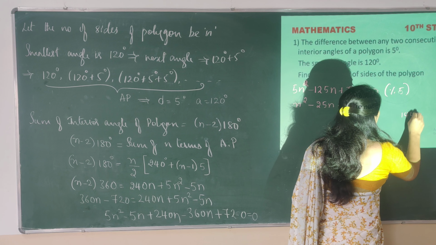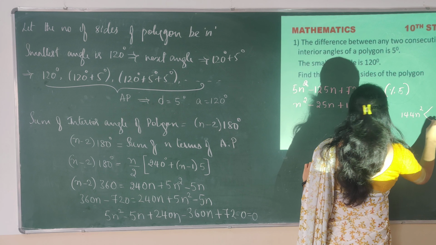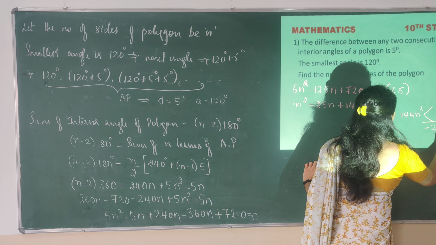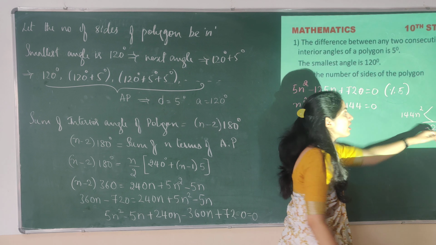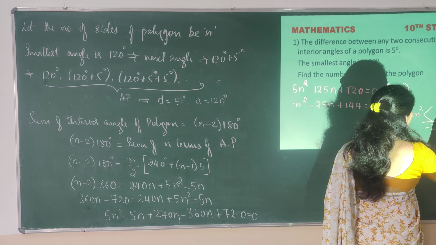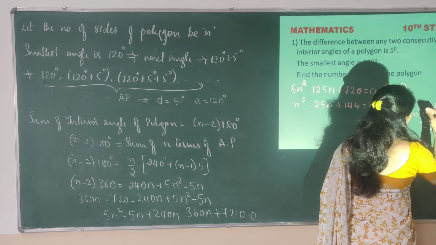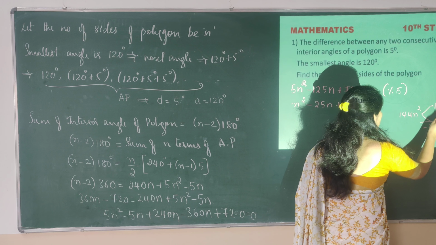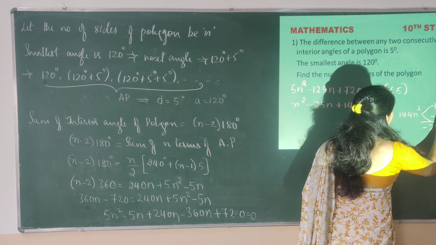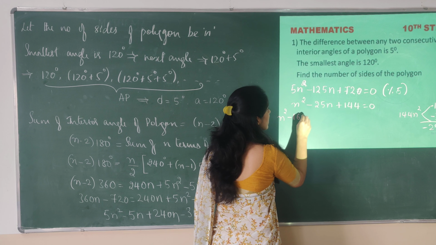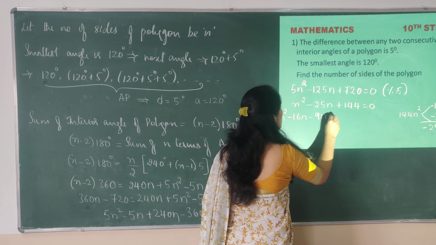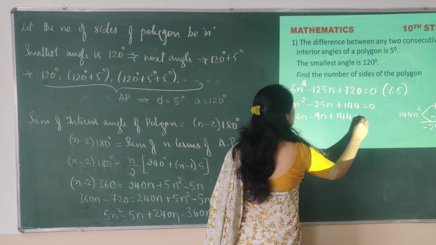We need to split 25n into parts whose product is 144: that is 16 times 9. So n square minus 16n minus 9n plus 144 is equal to 0.